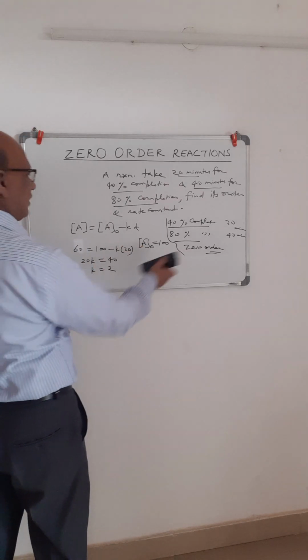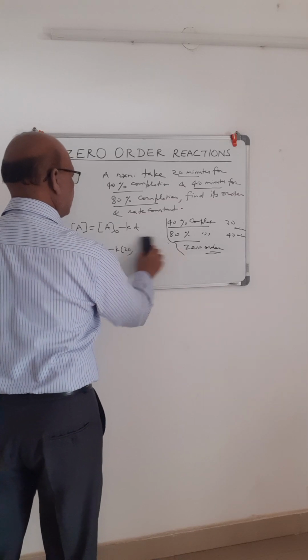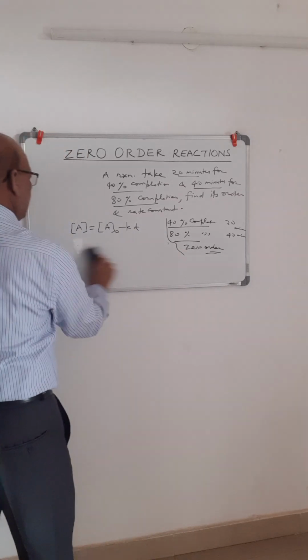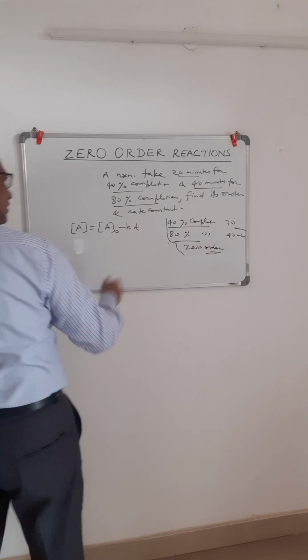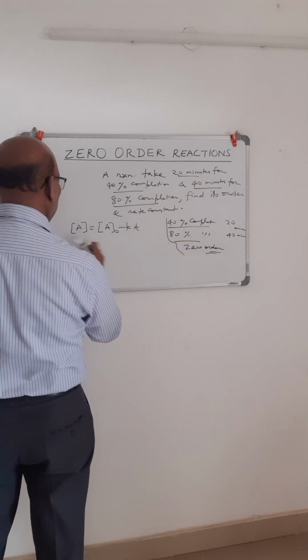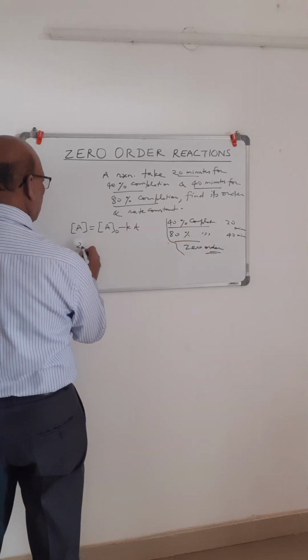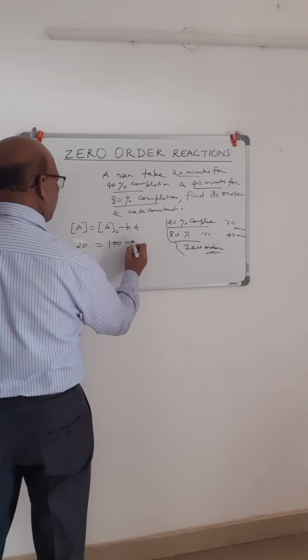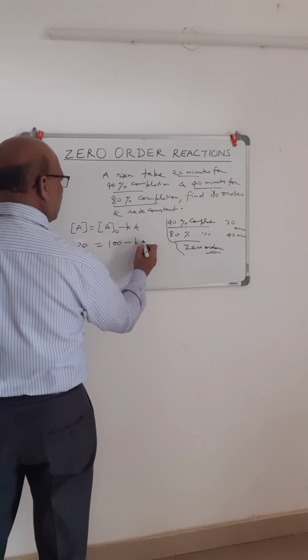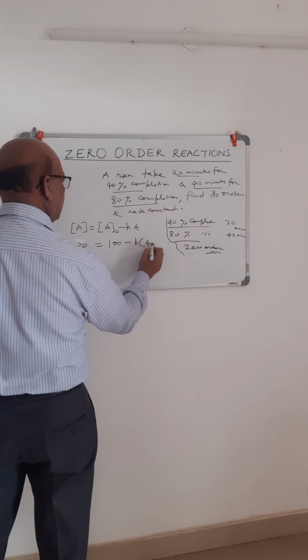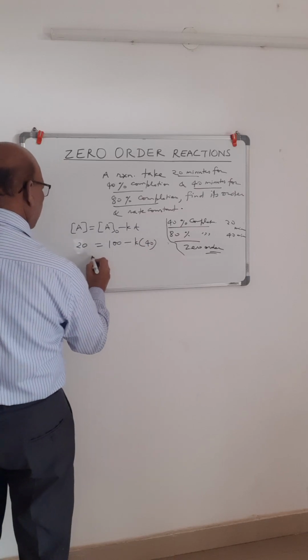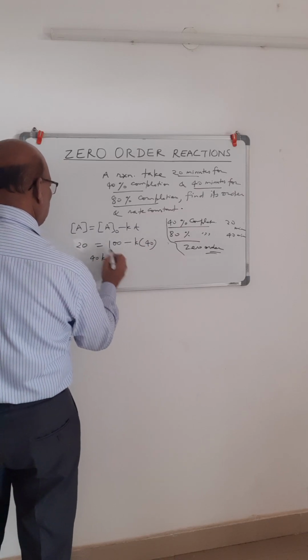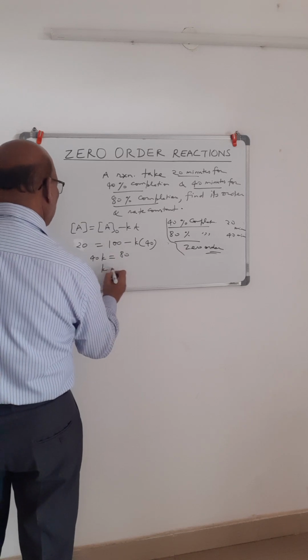Now if we apply the second data as well, let us see by second data what is the value of K. So in the second case, 80% completion means remaining concentration will be 20. Initial was 100 minus KT. Okay, and time T is 40 minutes in this case. So again we will find that 40k is equal to 80, that means k equal to 2.